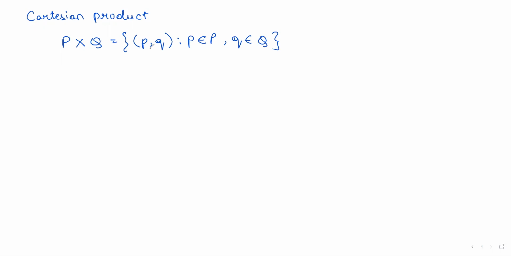We represented P cross Q with a set of ordered pairs p, comma q, where p stands for the first element and q stands for the second element.